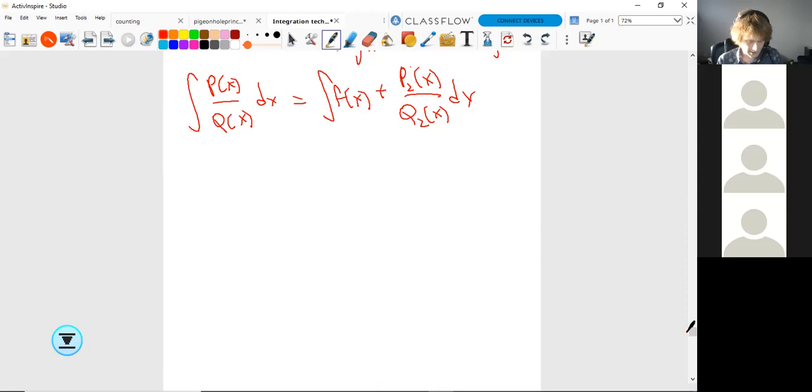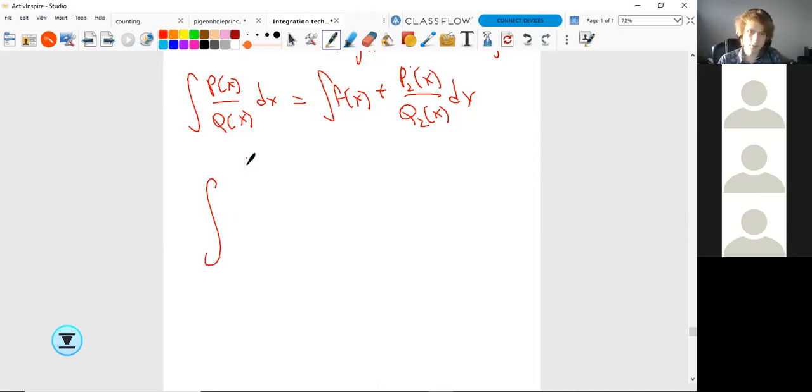Let's see if I can find one that's not going to involve us factoring a degree 4 polynomial. I guess I'm just going to have to come up with one.